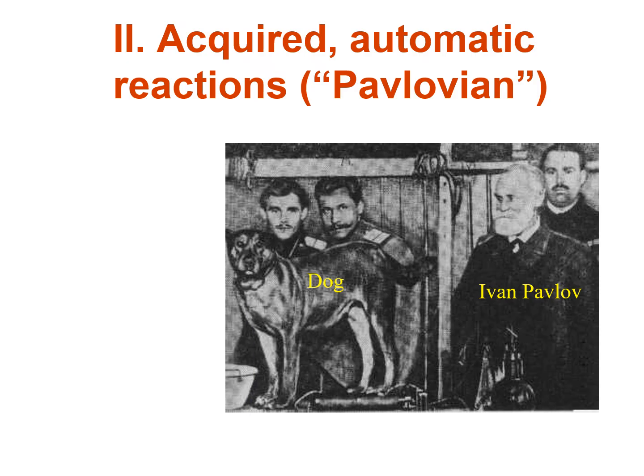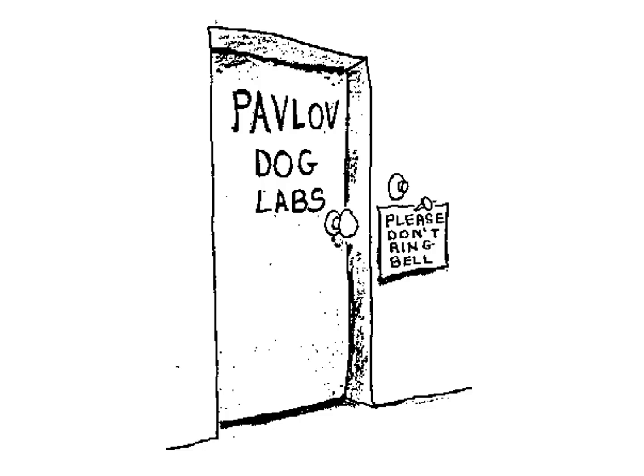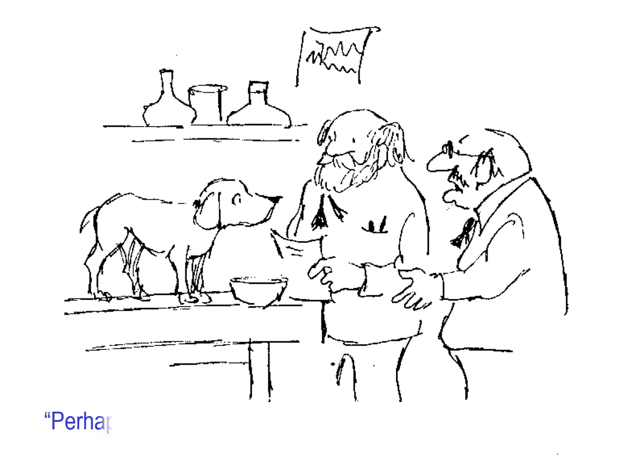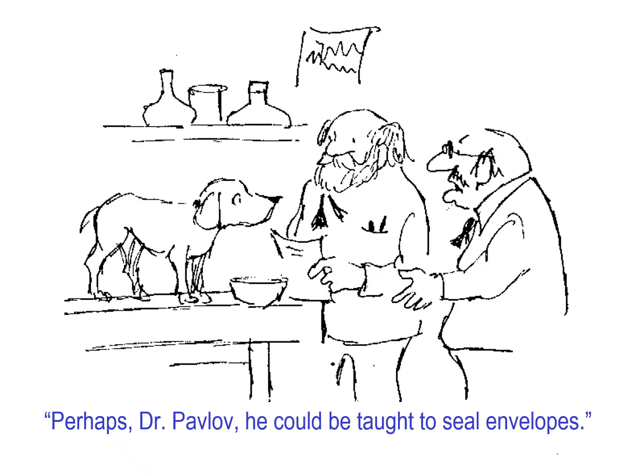Like mom's letdown reflex when baby cries, the dogs salivating at the sound of a bell when there is no food is a learned but uncritical reaction. Things got so bad in Pavlov's lab that they had to disable the doorbell. When Pavlov was finished with the animals, he sent them to the Russian Postal Service, where they provided saliva for stamps and envelopes at the sound of the bell.